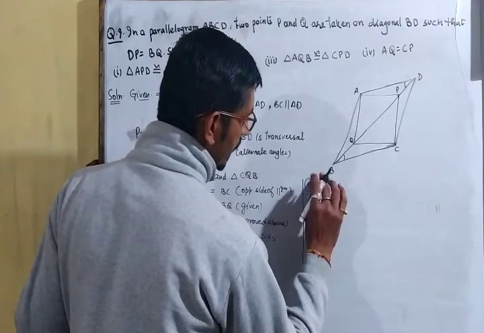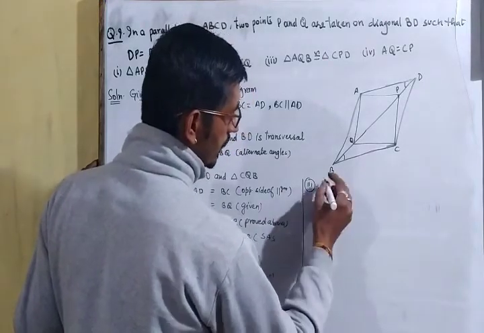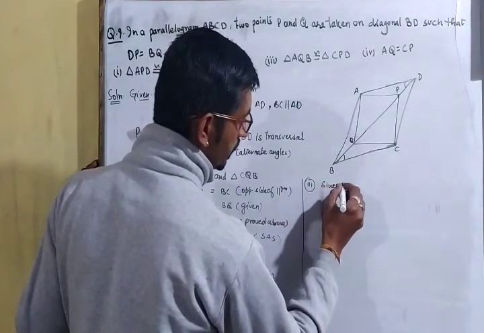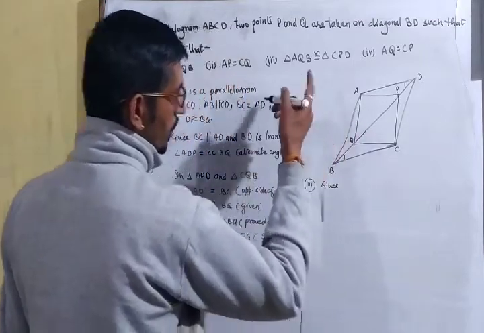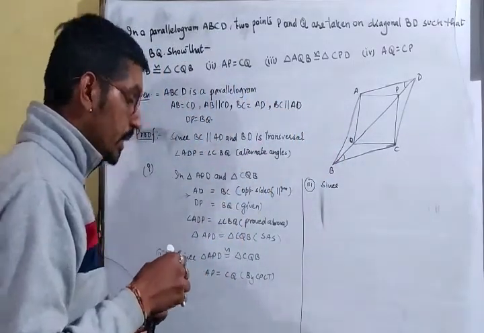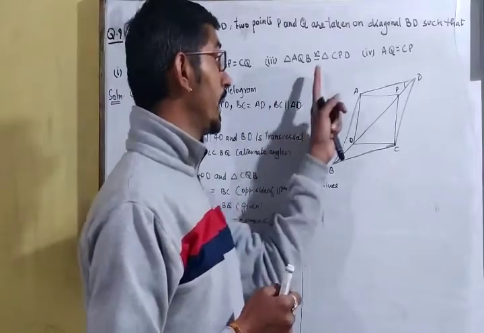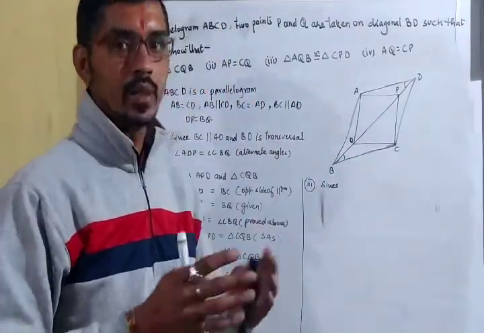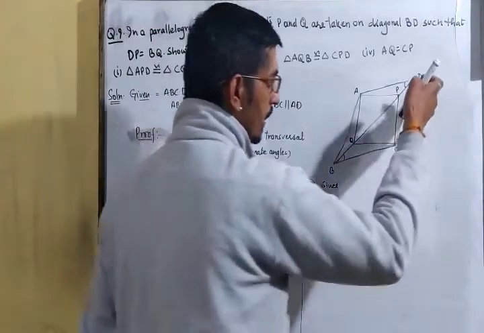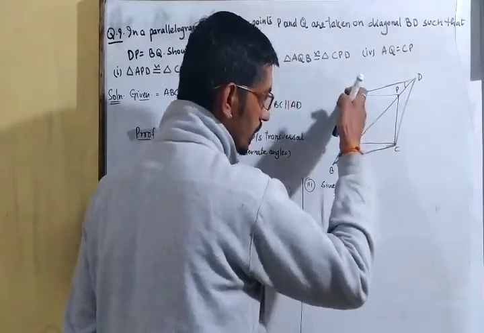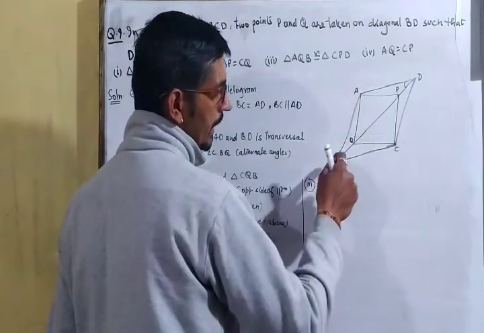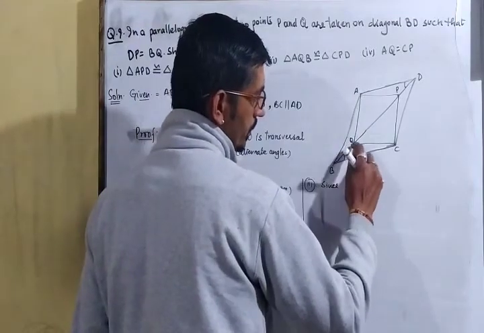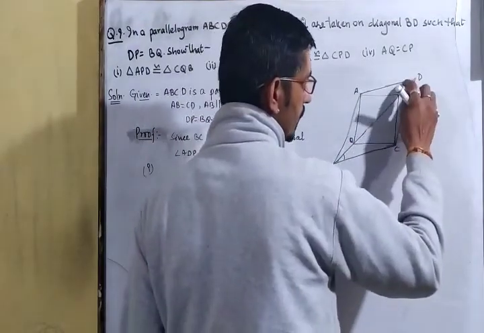Now for proving the congruency among those two triangles, that means AQB and CPD, what we have? We have CD is equal to AB and BQ is equal to PD.